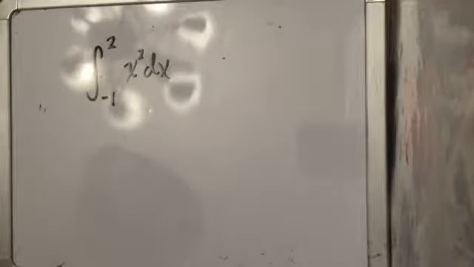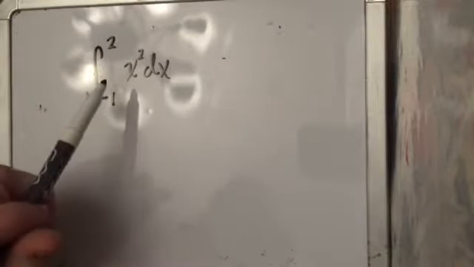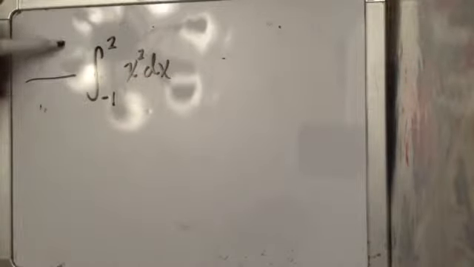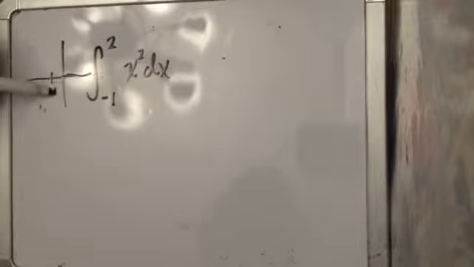The function is integrable on that interval because from -1 to 2 it's continuous. And by this definition, we're going to use the limit as this goes to 0 of the Riemann sum.